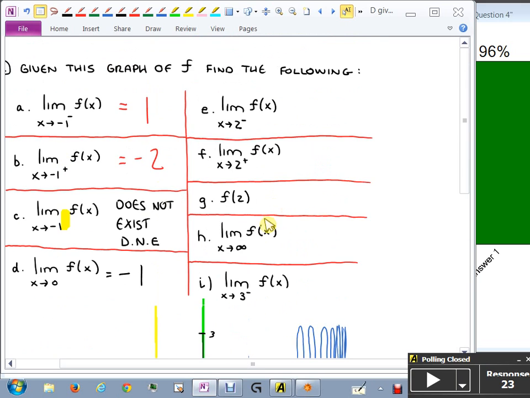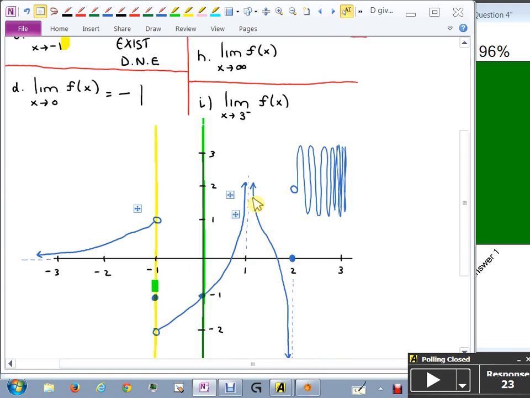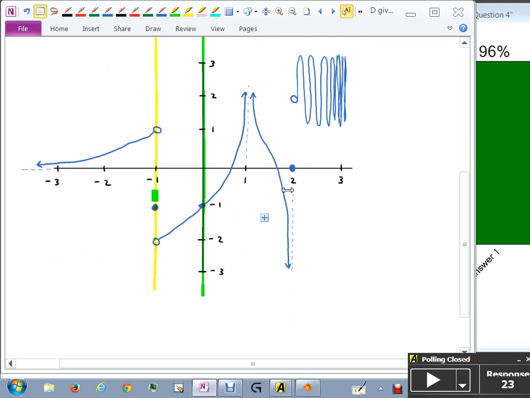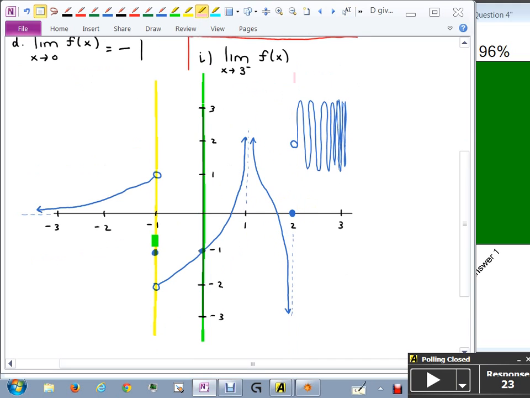All right, what's happening as x approaches 2 from the left and 2 from the right, and then what's the function's value at 2? So where's 2? I'll do it in pink. What's happening as we approach 2 from the left? We're headed down, down, down, down, -infinity, right? -infinity.